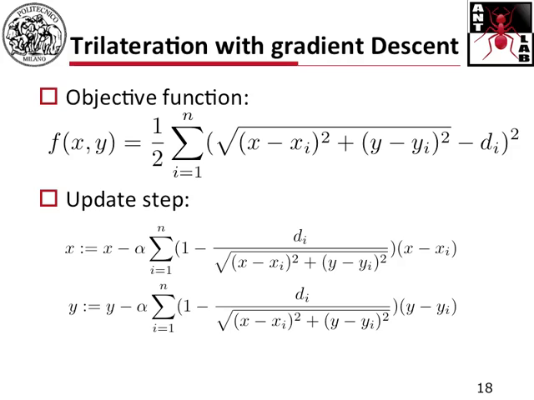The update step is basically taking this function and taking the partial derivative of that function with respect to the two unknowns, x and y. This is the partial derivative if we derive that function with respect to x, and this is the partial derivative if you derive it with respect to y.